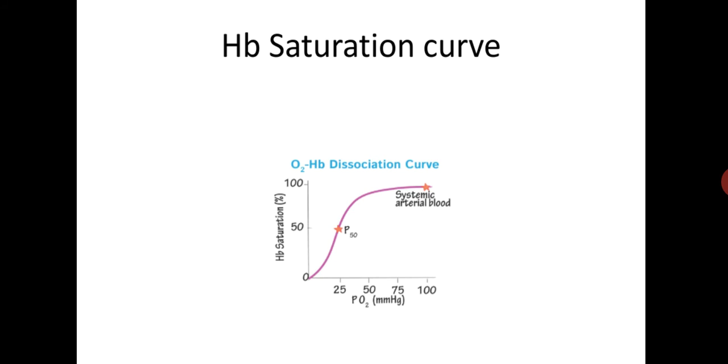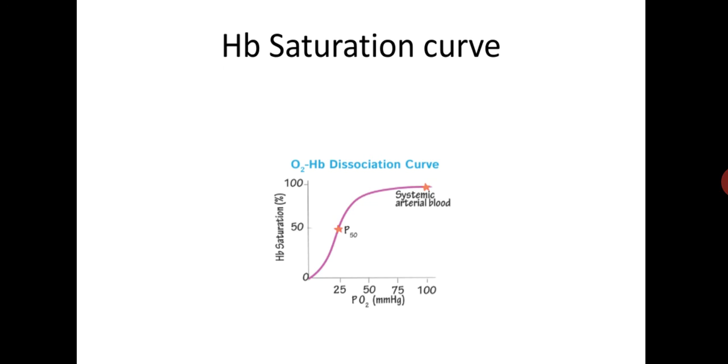So the maximum amount of oxygen that can be carried is determined by the amount of hemoglobin. When every oxygen binding site on all the hemoglobin molecules is occupied by oxygen, the blood is said to be 100% saturated, and the blood cannot carry any more oxygen. So this is the Hb saturation curve.